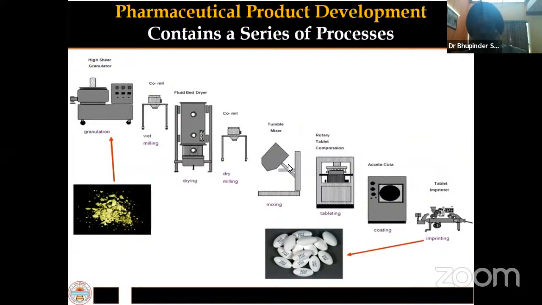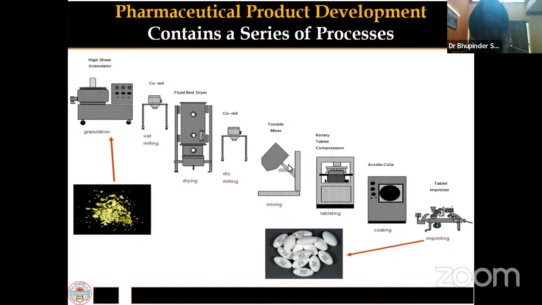Be it a nanostructured system or a novel drug delivery system or a generic or the reference-listed product, every product has to go through a series of processes till it gets the final form. Say, this slide tells the sojourn from the yellow-colored raw material to the finished product, the coated, imprinted white tablets.